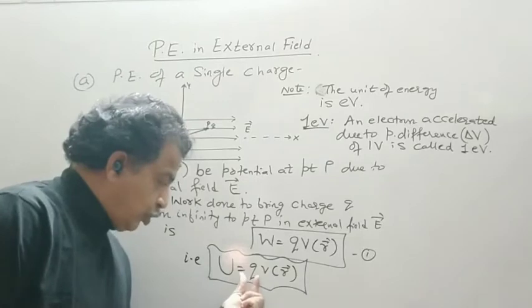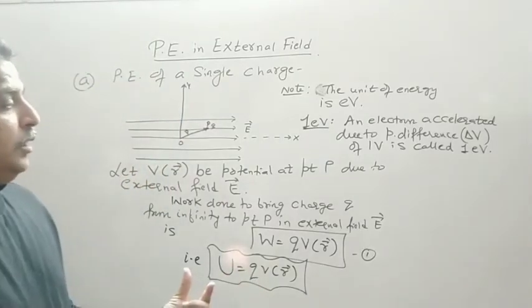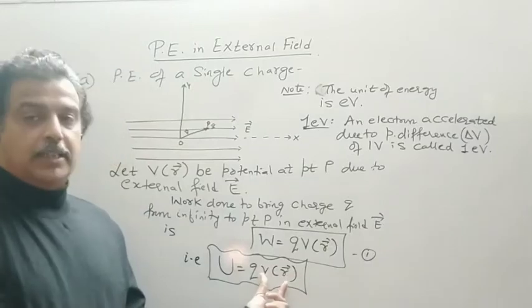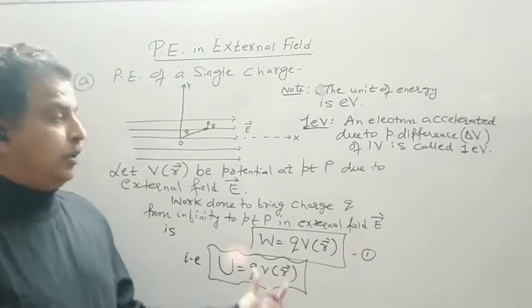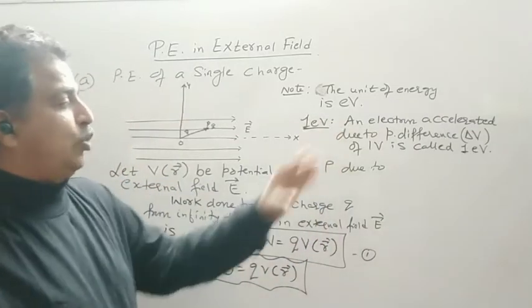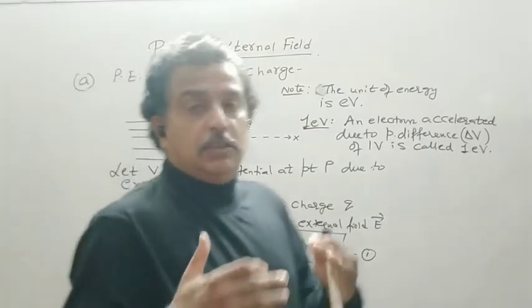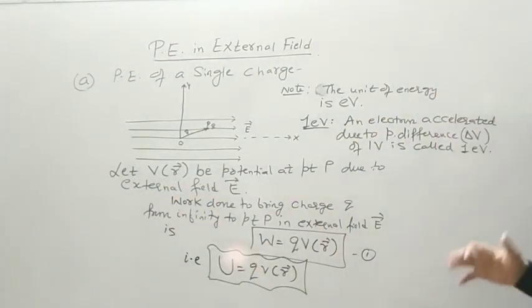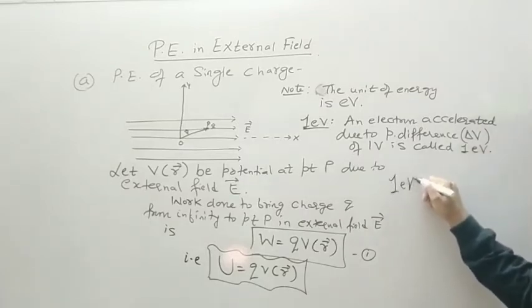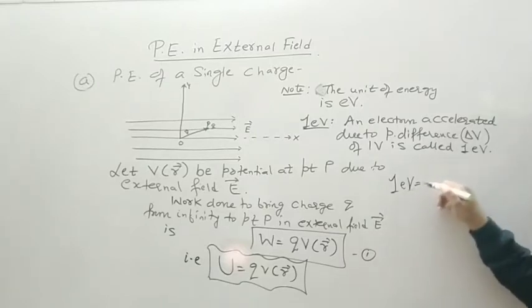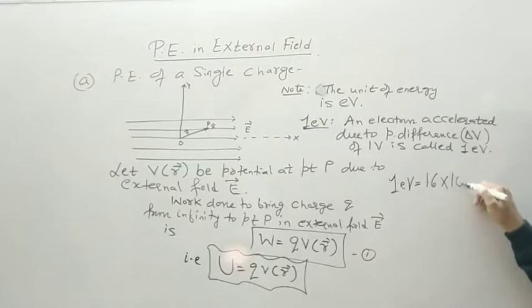So if instead of Q charge we have 1 electron, then the SI unit of potential is volt, so 1 eV. So when an electron is accelerated due to a potential difference of 1 volt, then the work done is expressed in a unit which is called 1 electron volt, and 1 eV is equal to the value of e, that is 1.6 into 10 raised to minus 19 coulomb volt, and coulomb volt is known as joule.